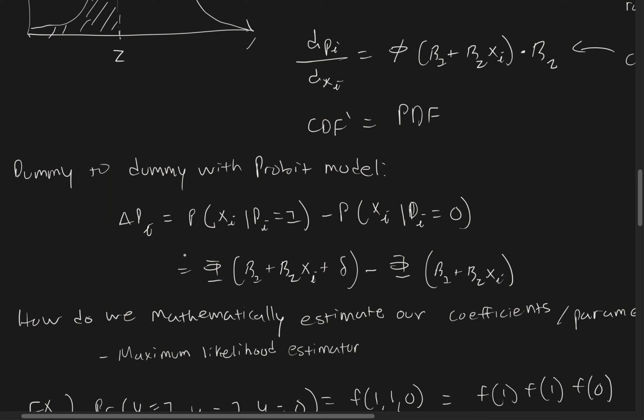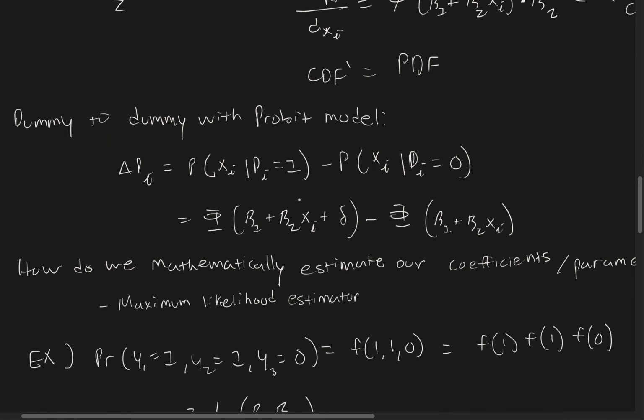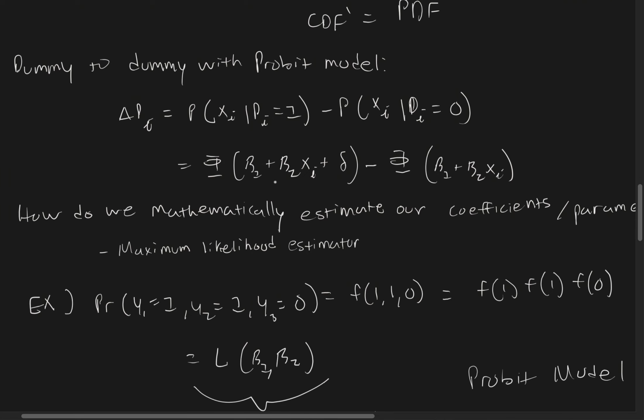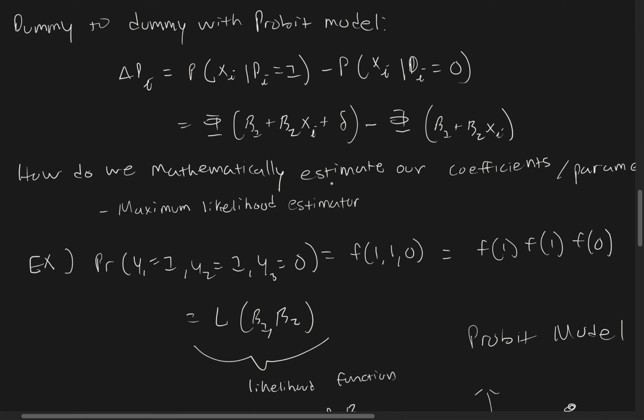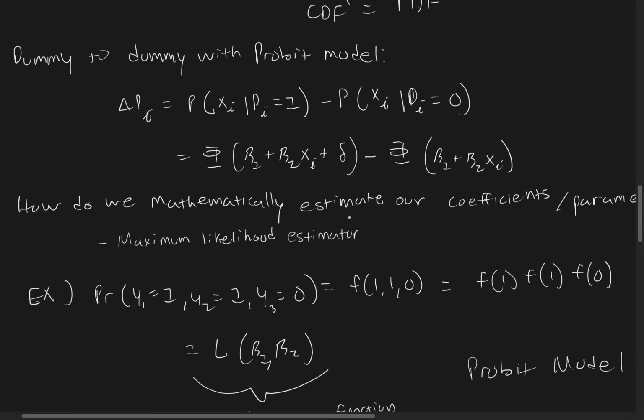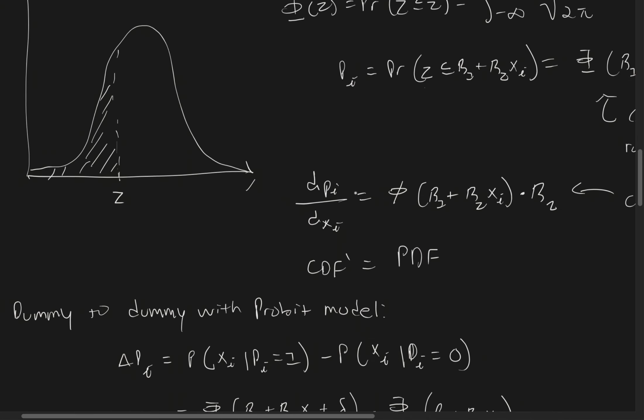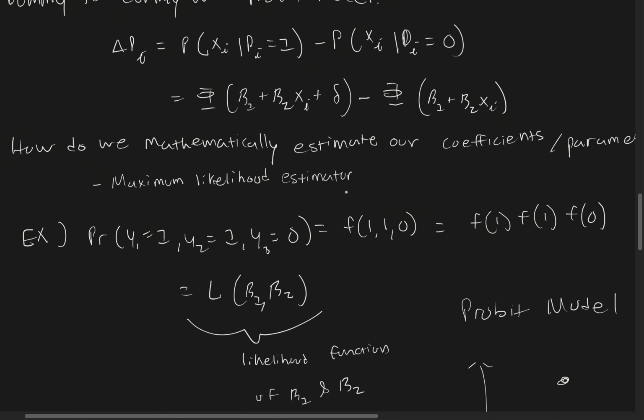If we're trying to find those types of problems, then it is given here, where we're subtracting the delta that is determined by the slope of the binary variable, with our normal distribution phi factored into both functions. And the way we mathematically estimate our coefficients or parameters in this Probit model is the software will use what we call a maximum likelihood estimator.